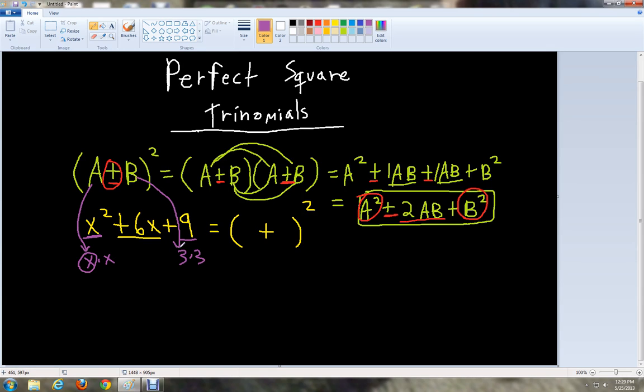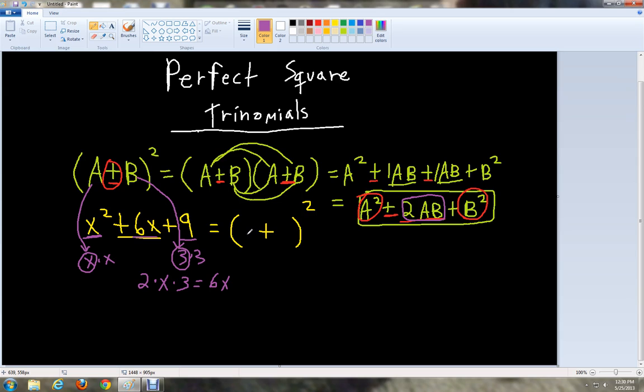And we notice with the middle term, 2ab, 2 times a, which is x, times b, which is 3, so 2 times x times 3 is equal to 6x. So we see that this is what we get for the middle term.